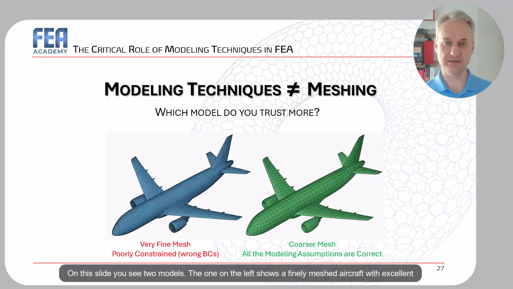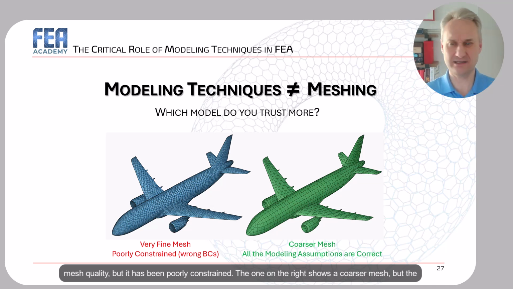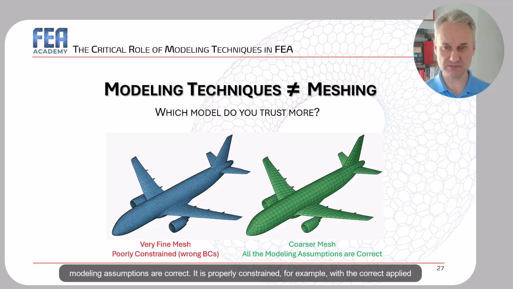On this slide, you see two models. The one on the left shows a finely meshed aircraft with excellent mesh quality, but it is poorly constrained, for example. The one on the right shows a coarser mesh, but the modeling assumptions are correct.